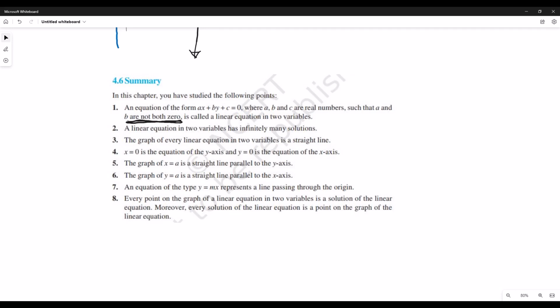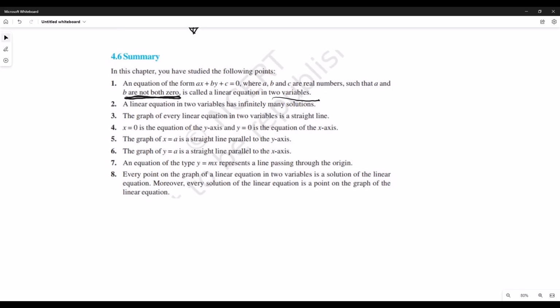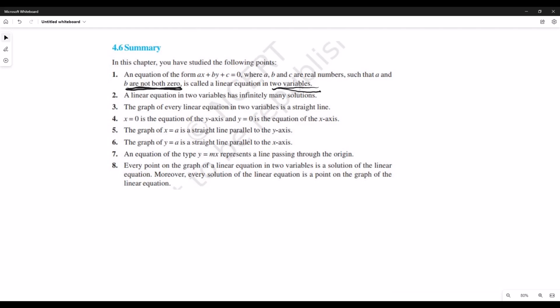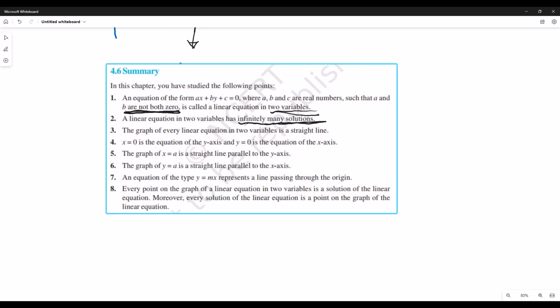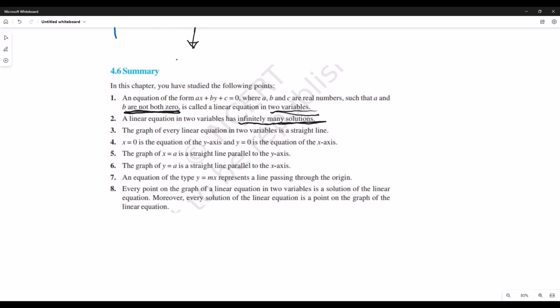Then this is a linear equation in two variables. A linear equation in two variables has infinitely many solutions. The graph of every linear equation in two variables is a straight line.